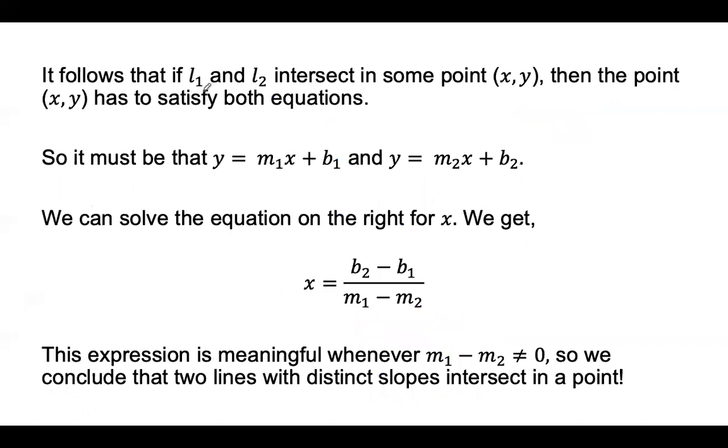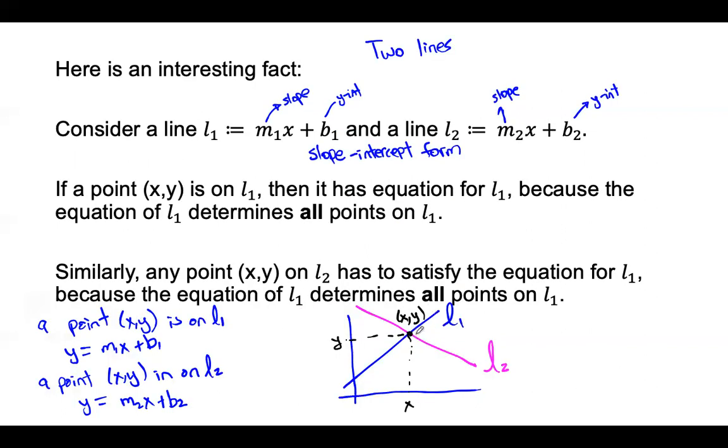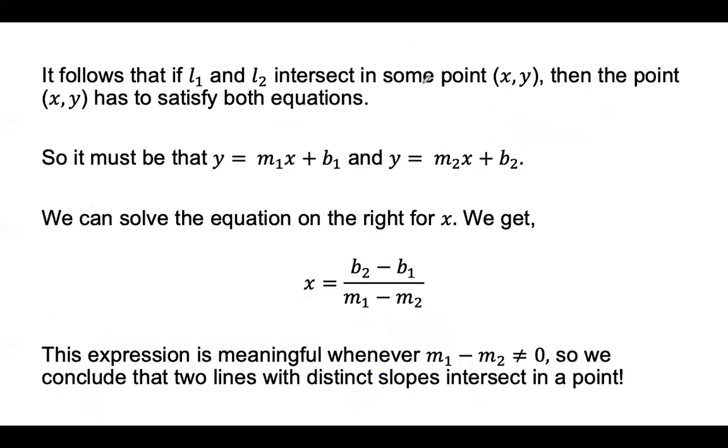So if the lines intersect at some point, like in this picture here, then they have some point xy that satisfies both equations. So we have y equals m1 times x plus b1 and y equals m2 times x plus b2. We can solve this for x.